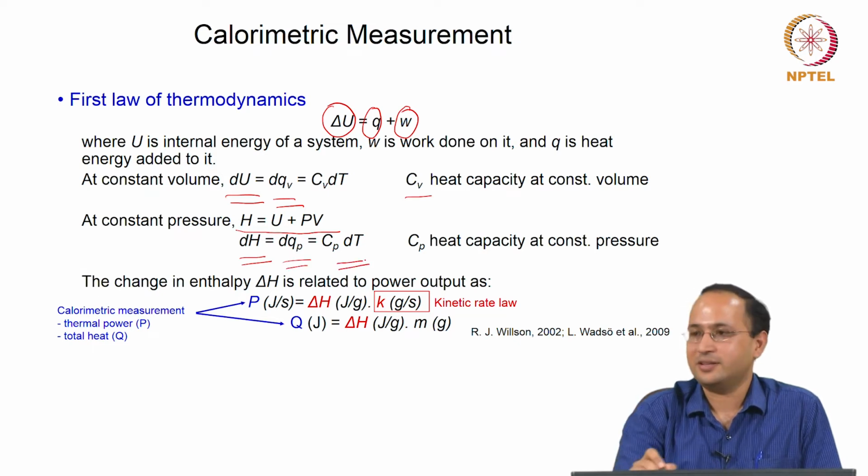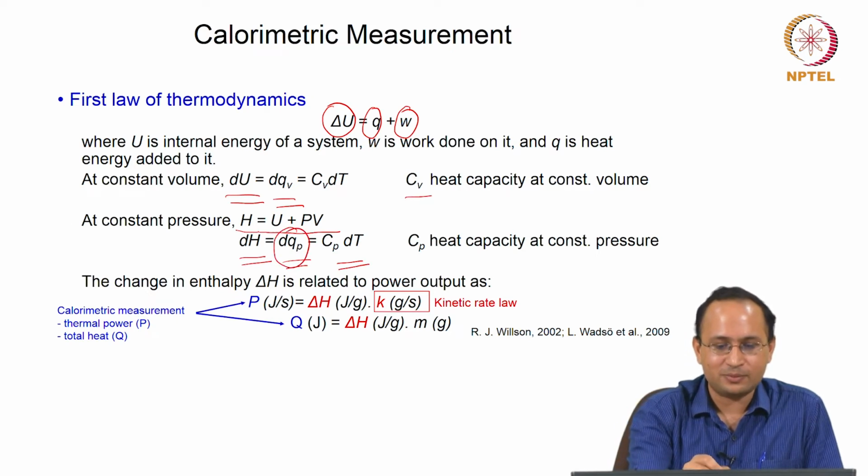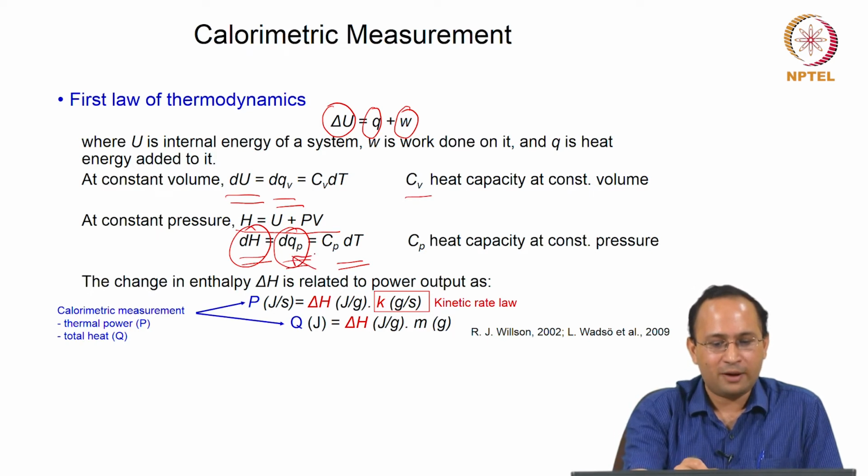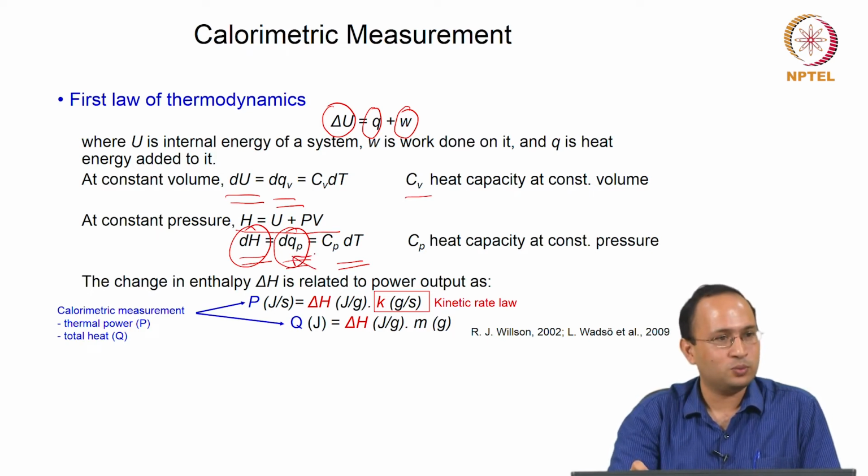Again these are basics, but please notice this term. What I am saying is that you can get this enthalpy. Enthalpy comes from a process, whether the process is physical, chemical or biological, and all you have to do is measure this Q, the heat.